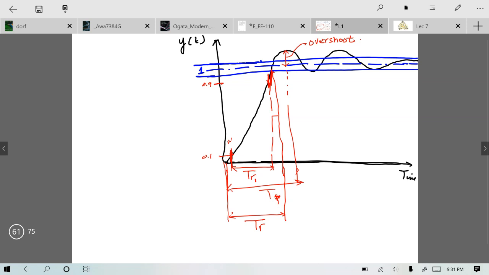It is the rise time, and the peak time is the time it takes to reach the peak. And the settling time is the point where the system is settled.